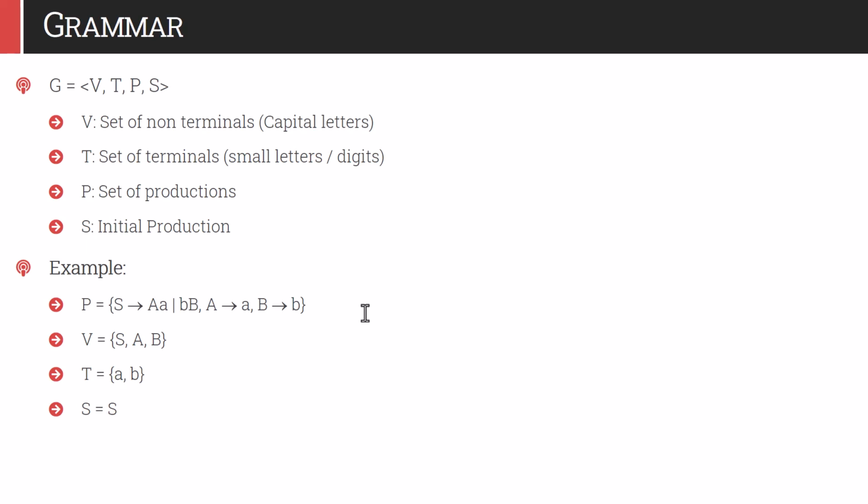So this grammar has 4 productions. It has 3 non-terminals, that is capital S, capital A, capital B. It has 2 terminals, small a and small b, and the starting symbol would be S, because there are 4 productions, so from where to start? We always have to make sure which production we have to start with. That is represented by capital S.